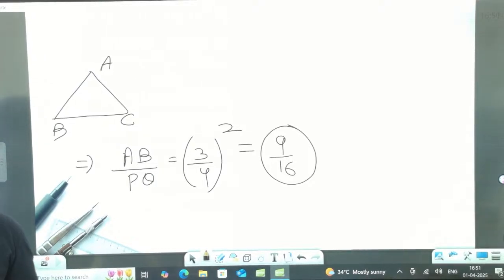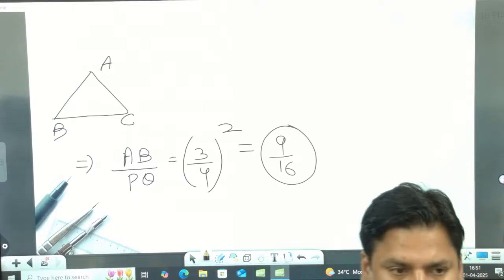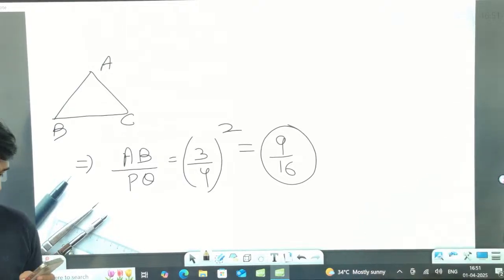Triangle ABC is similar to triangle PQR. If the length of AB is 4 centimeter, BC is 9 centimeter, and AC is 7 centimeter.